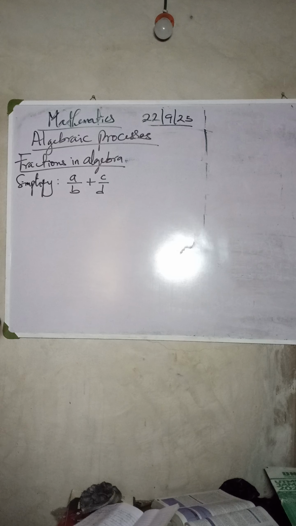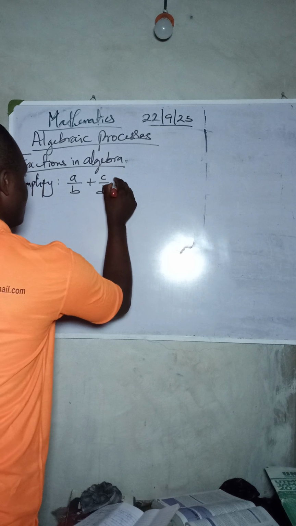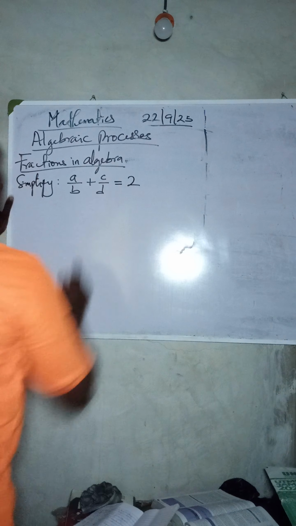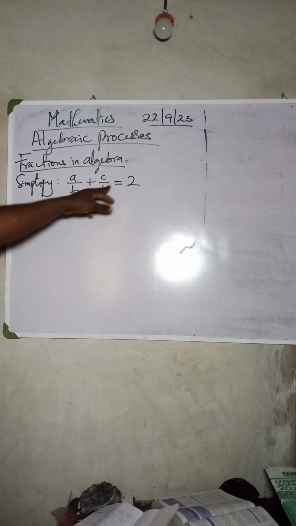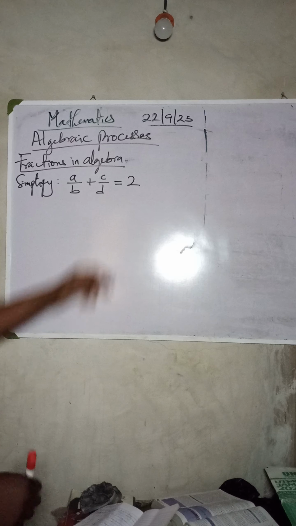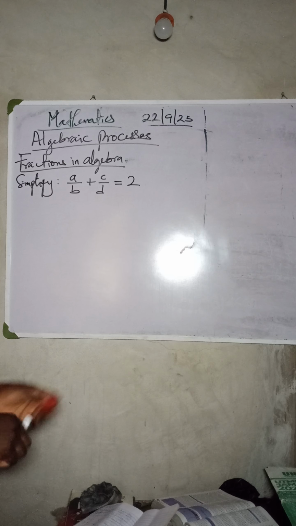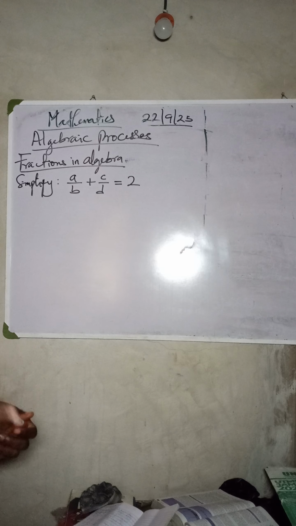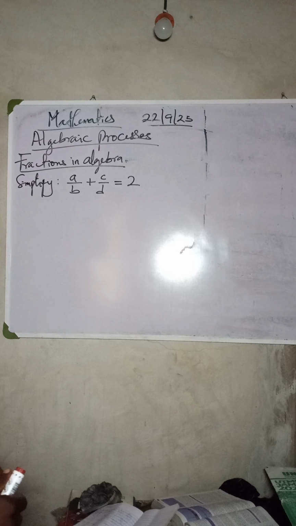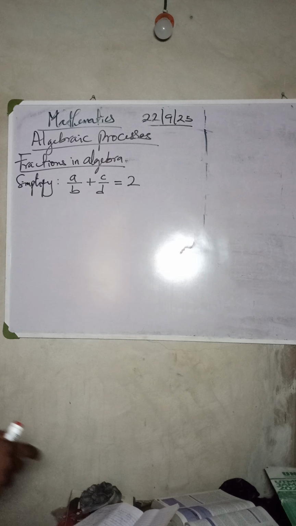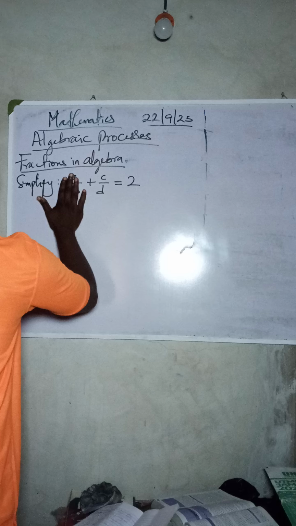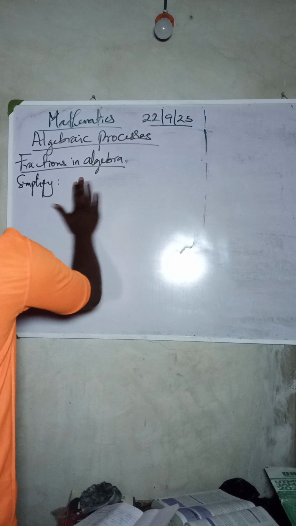But immediately you have this is equals to 2, this equality sign has made it an equation. But note, when you have an equation, you solve for an unknown. We don't really have an unknown here. Good. So now let us proceed.